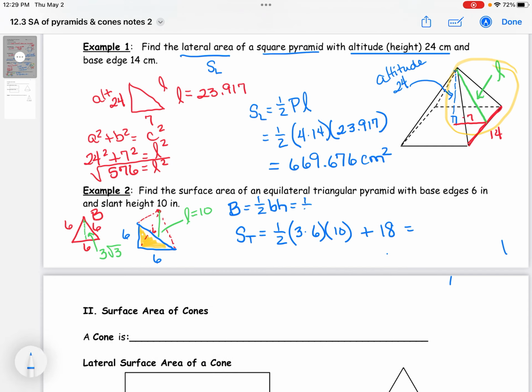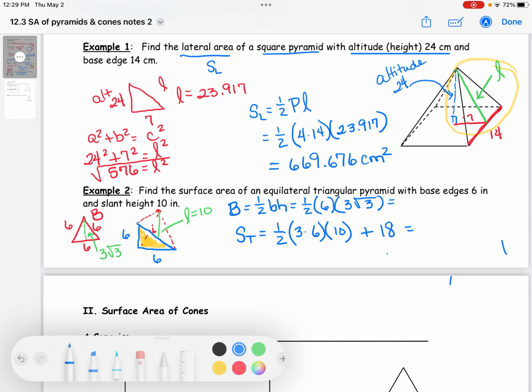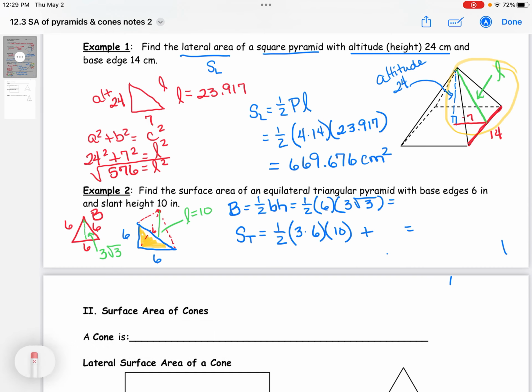So I have 1/2, the base is 6, but the height is 3 times the square root of 3, which means that this is not 18.